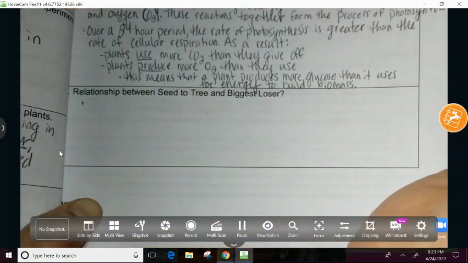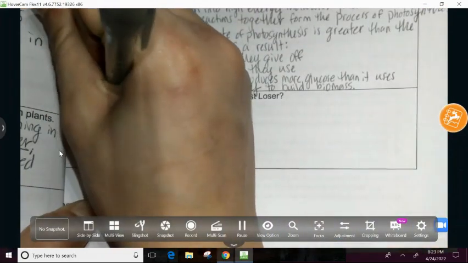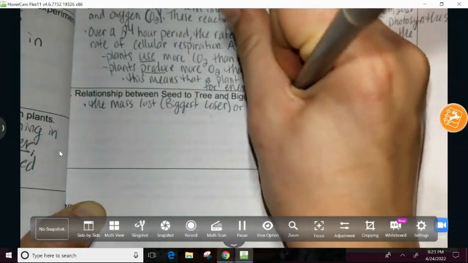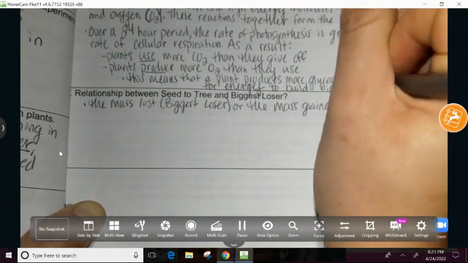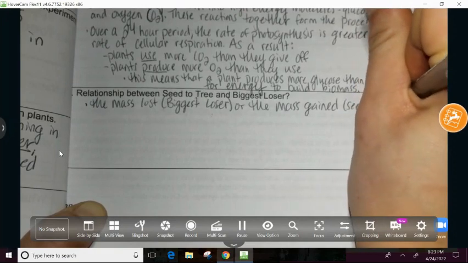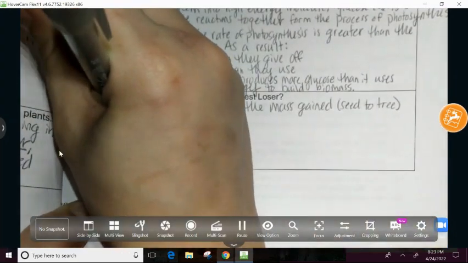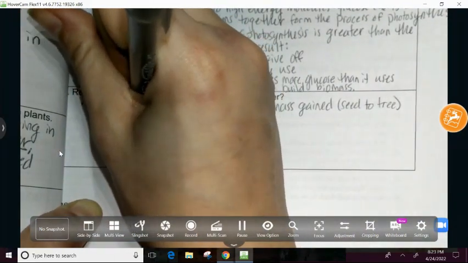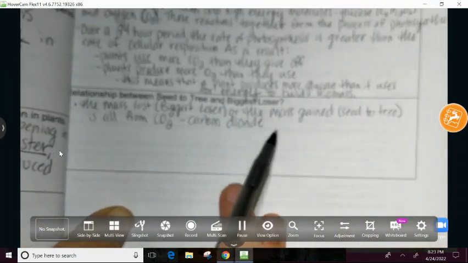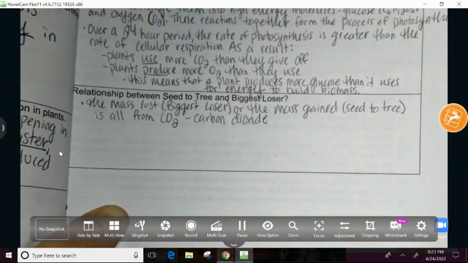So we're going to start with the mass that was lost, so the biggest loser. So whether you're gaining mass or losing mass, it's all from the molecule carbon dioxide. That's what it all can be broken down to.